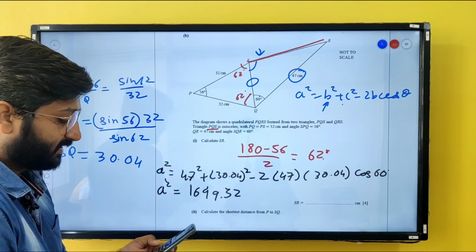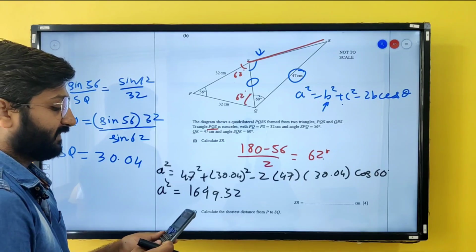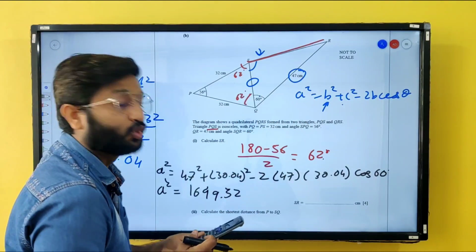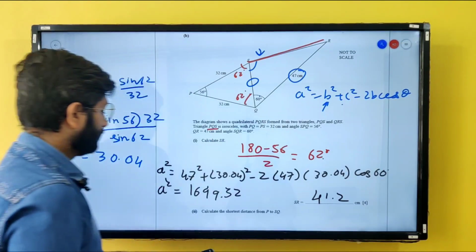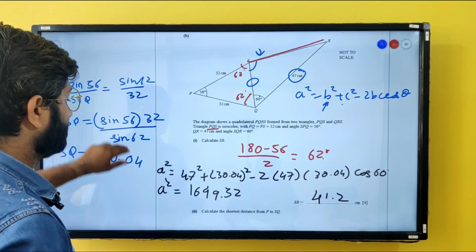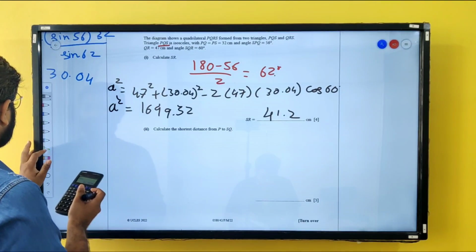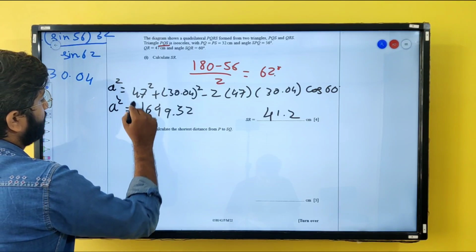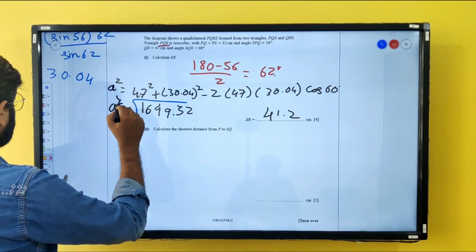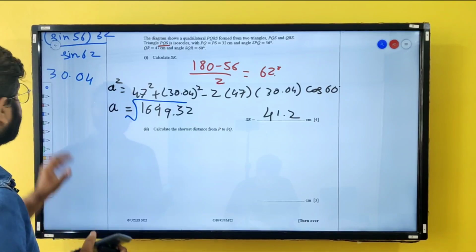So the root of this will give me A. So the final answer is 41.22.